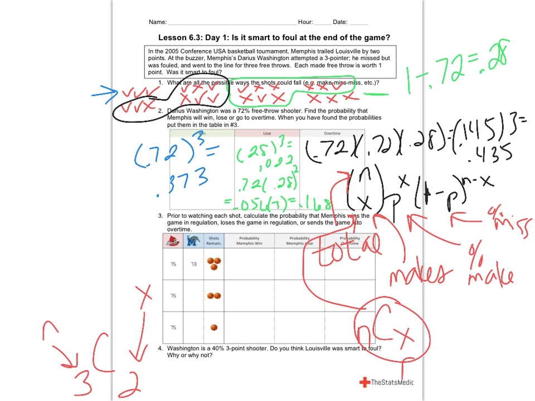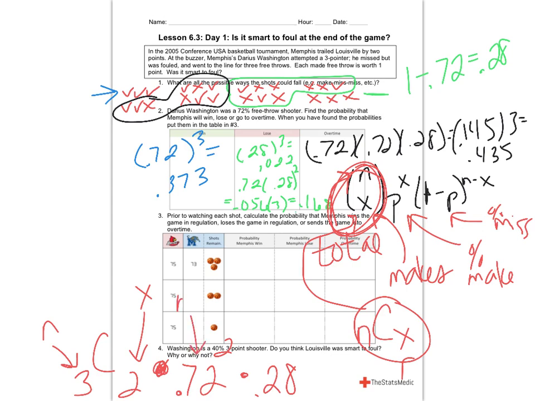That takes care of this part of our formula. Now I need to multiply that, using the dot for multiplication, times my probability that he makes it, which is 0.72, raised to how many he needs to make, which is 2. Then I multiply that by the probability that he's going to miss, which is 0.28.